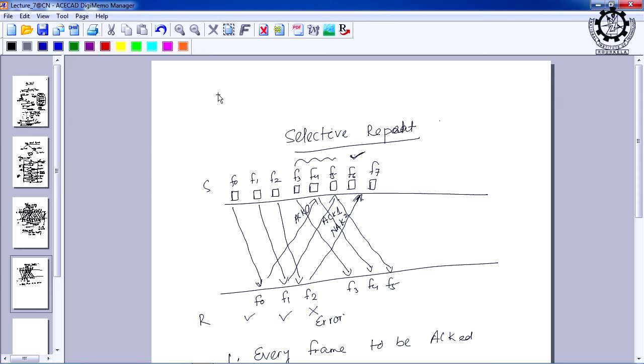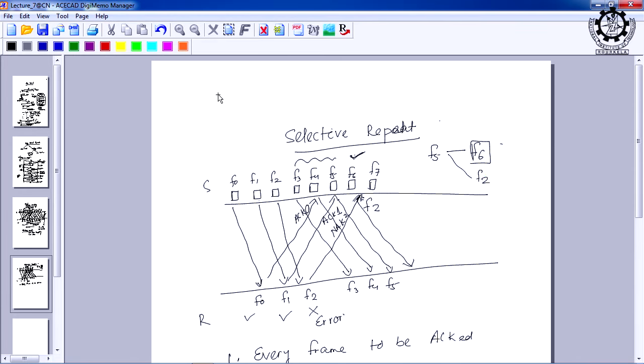So, instead of sending F6, it has to send F2 now. The sequence was, after F5, it was supposed to transmit F6, but it is not doing this. After F5, it is transmitting F2.